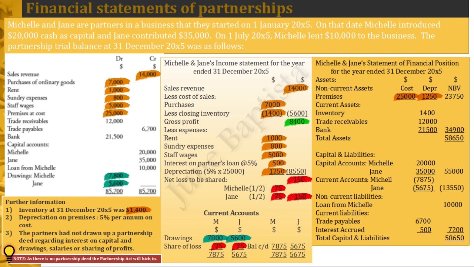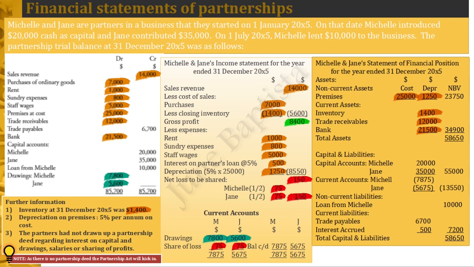Current assets. Closing inventory $1,400 as per further information. Trade receivables $12,000. Bank $21,500 to give us total assets of $58,650.